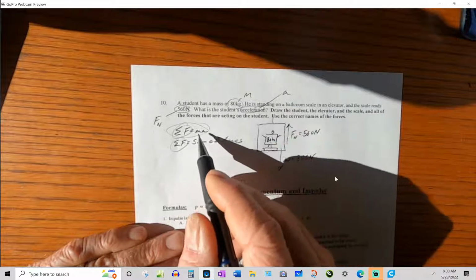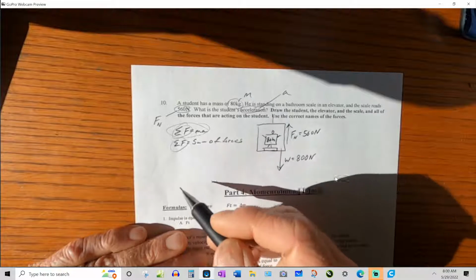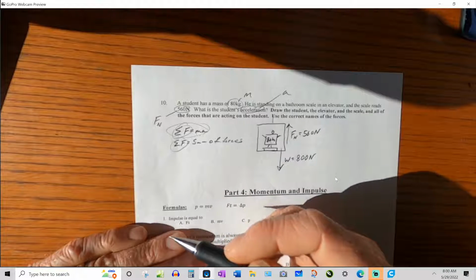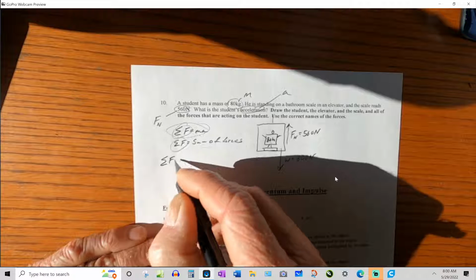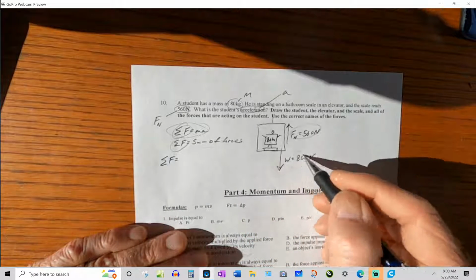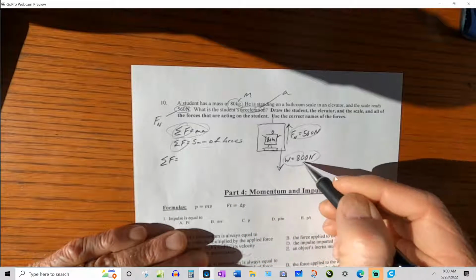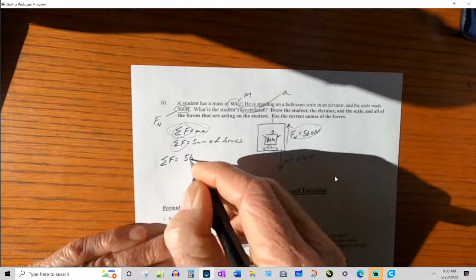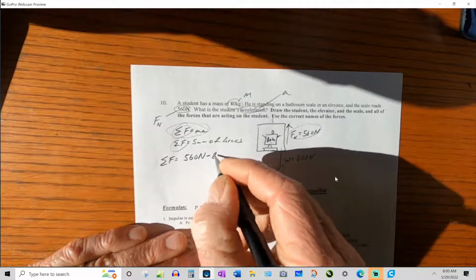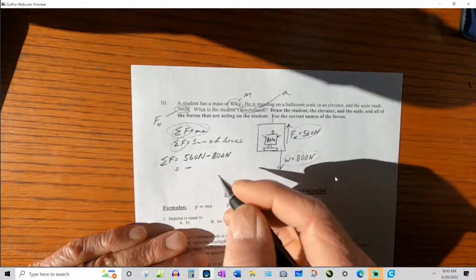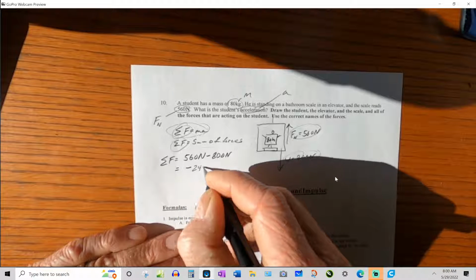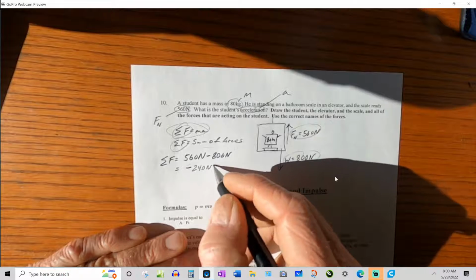I don't have that yet. I do have the mass, so I've got to wait on that one. This one I can do. The net force here is these two forces added together. This is positive, this is negative, so it's going to be 560 newtons minus 800 newtons, and that is negative 240 newtons. So that's the net force.